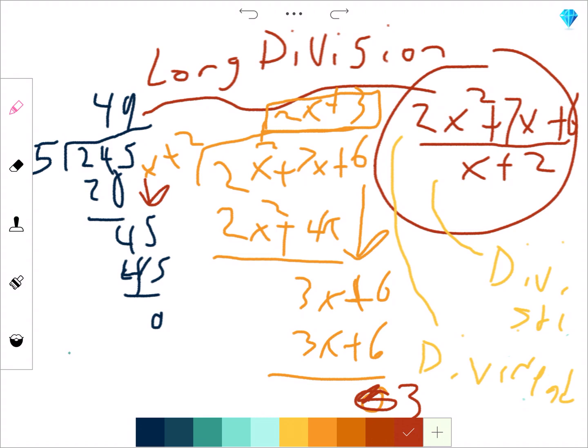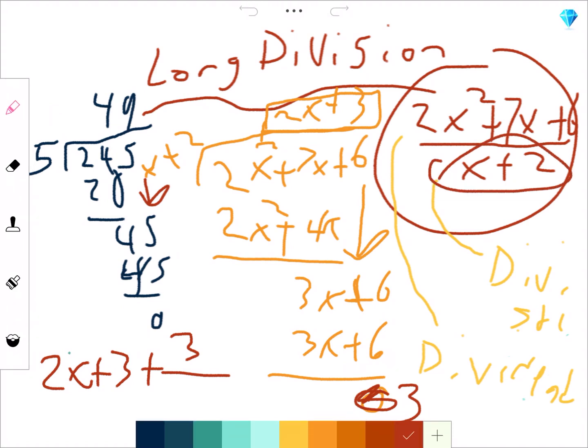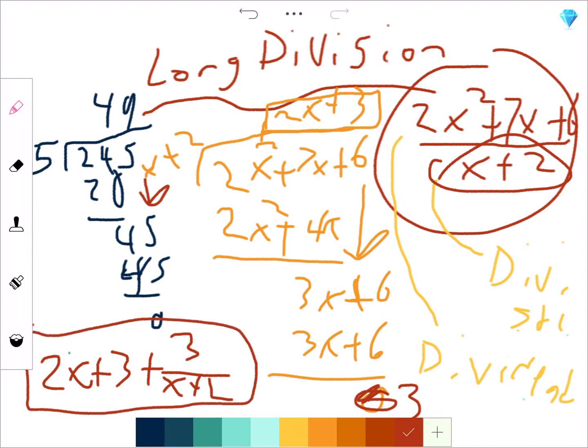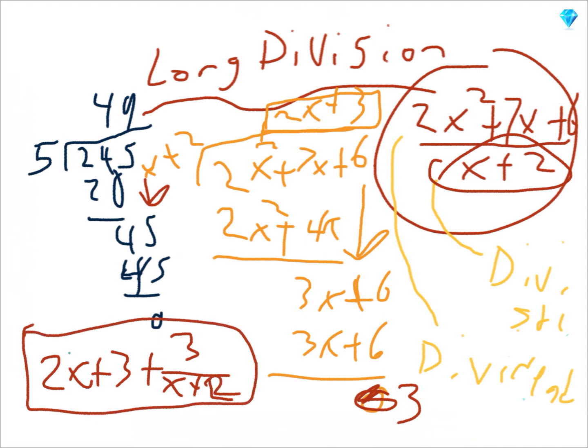We're going to have 2x plus 3, and we're not going to write remainder 3, because that's elementary school. What we're going to do is add our remainder over the divisor, and the divisor is x plus 2. That would be your answer if there was a remainder.